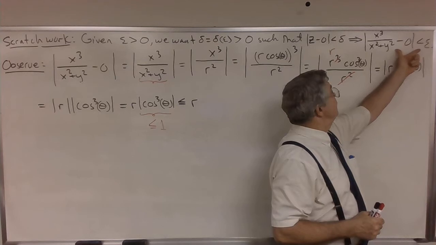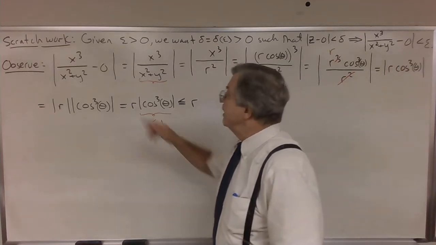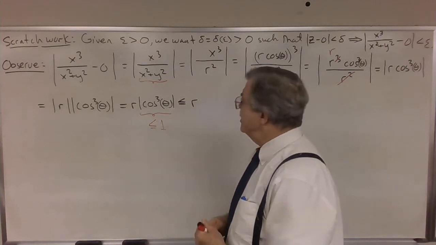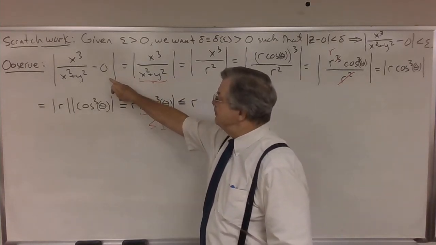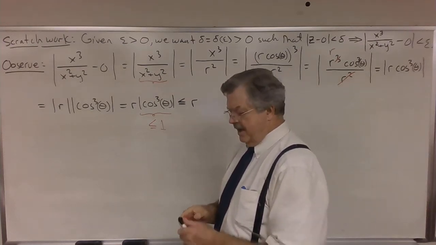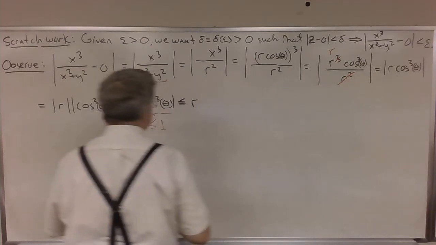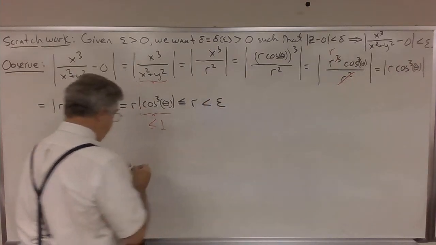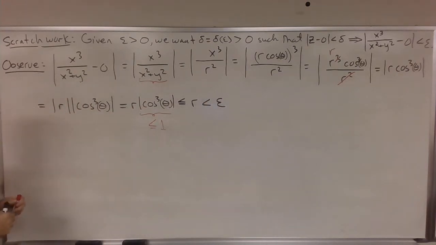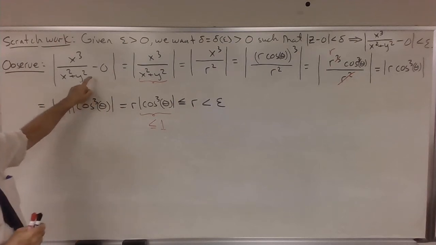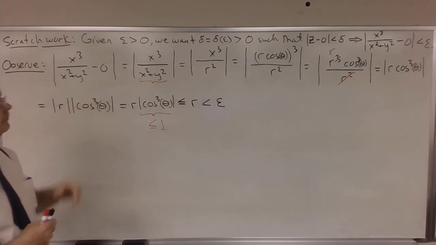And I know that this thing is less than or equal to r, so I can force this thing to be less than epsilon if I just stipulate that r is less than epsilon. So if I make r less than epsilon, this thing will be less than epsilon.